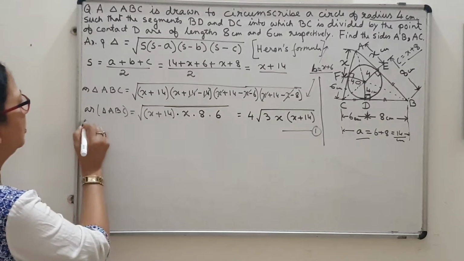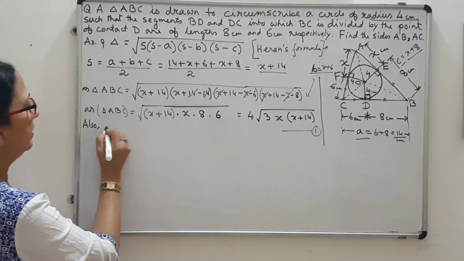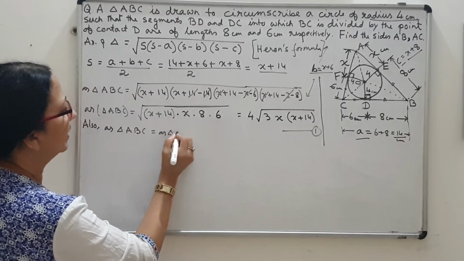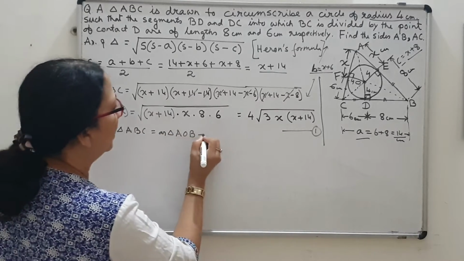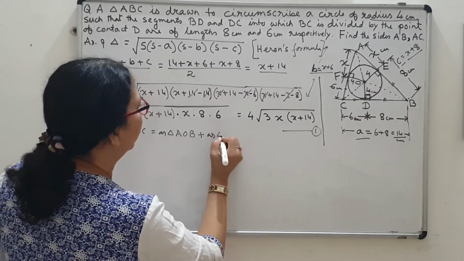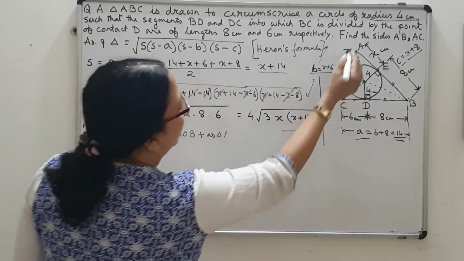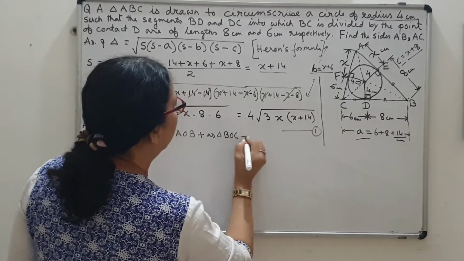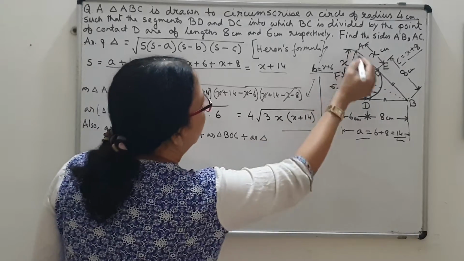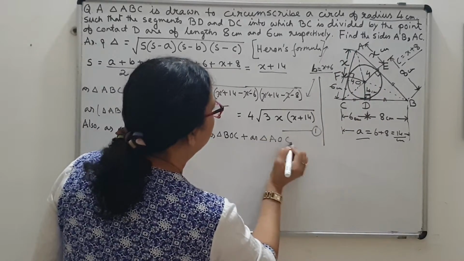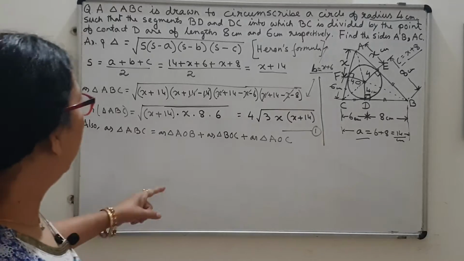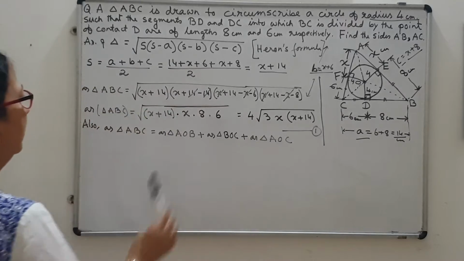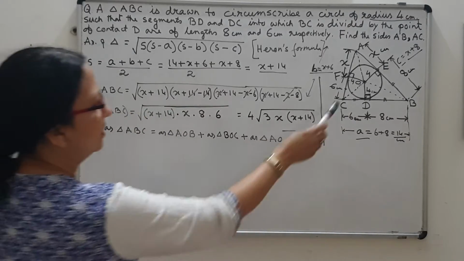So area of triangle ABC is equal to area of triangle AOB plus area of triangle BOC plus area of triangle AOC. I have taken AOB, BOC, then AOC. If you observe, these are the 3 triangles.